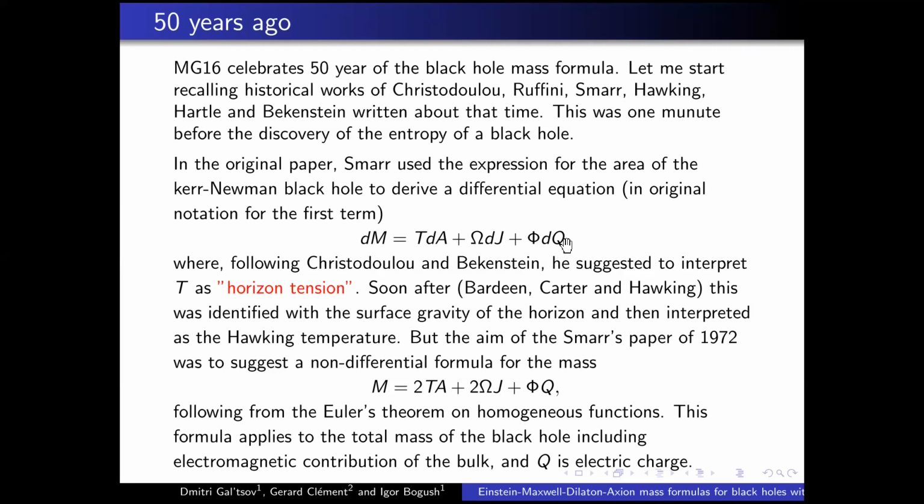Omega was clear and the potentials too, but the T was interpreted as horizon tension. But actually the aim of that famous paper of 74 was to establish a non-differential formula. And that non-differential formula also included this T, which was for him tension.